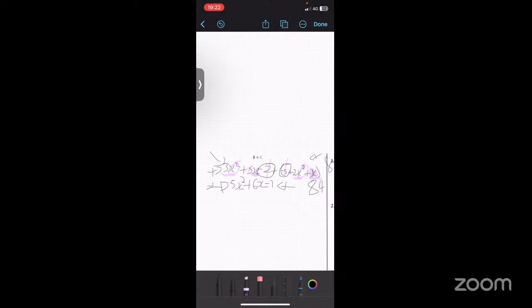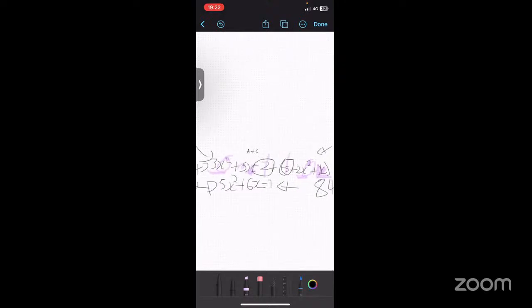So I asked you guys to calculate for the expression, what's going to be the total amount if our x is equal to positive 5 in the original one, which is 3x squared plus 5x minus 2 plus in brackets minus 5 plus 2x squared plus 5.